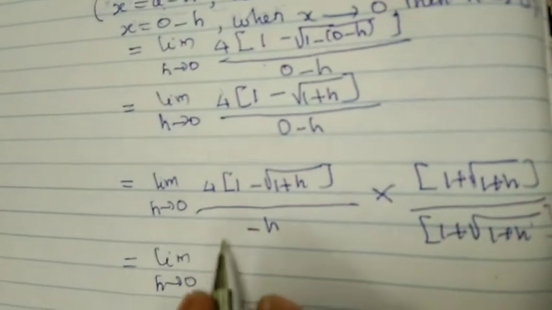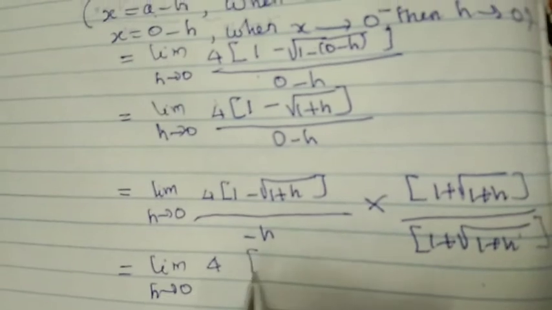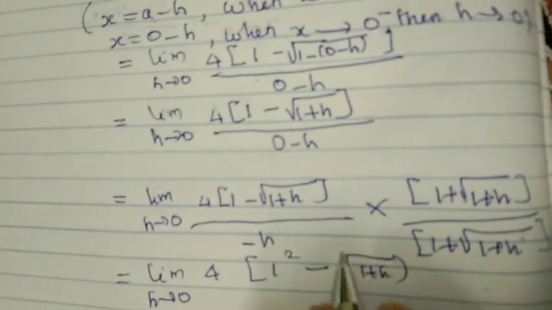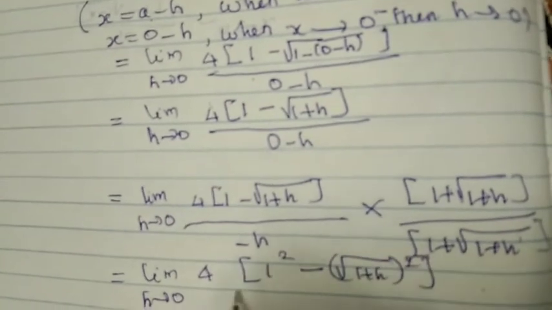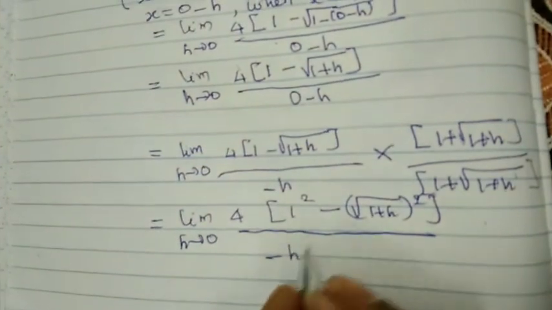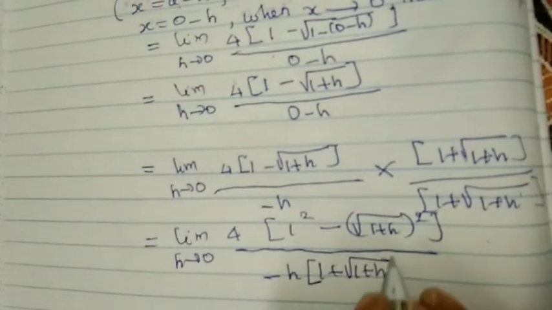Then simplify once again. Limit h tends to 0, 4 into the formula (a minus b)(a plus b), so 1 squared minus (root of 1 plus h) squared, by minus h into (1 plus root of 1 plus h).